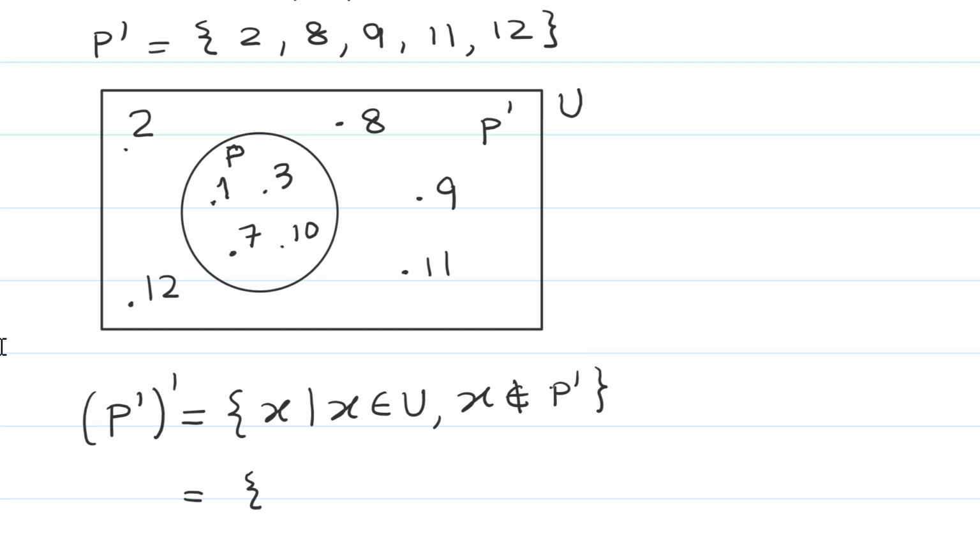That is, make a list of all elements in universal set other than elements present in complement, that is 2, 8, 9, 11 and 12.